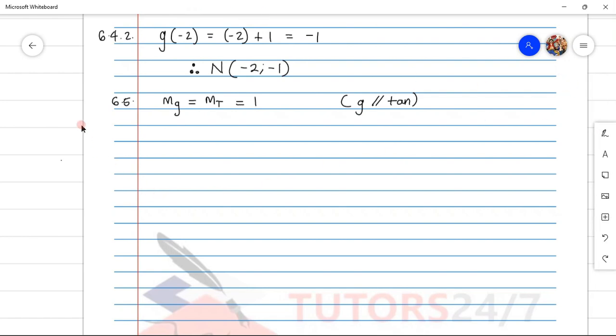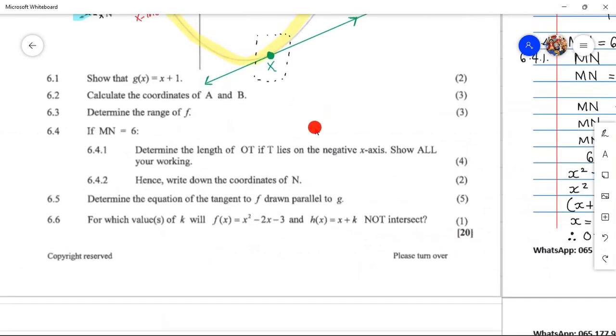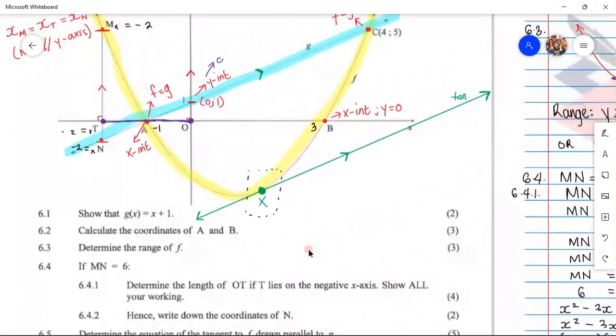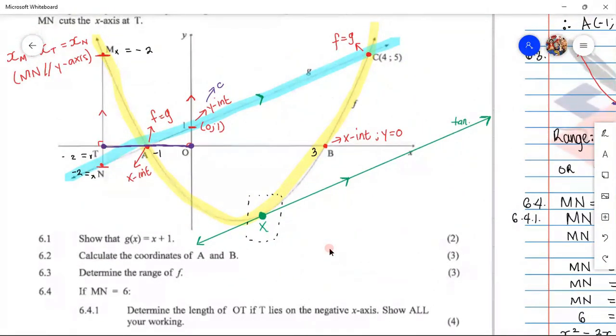So let's go back to our graph and see how can we find the equation of our tangent. So we have our gradient, we need a coordinate. So we can find the coordinate of the point of intersection between our function f and our tangent. Now, a way we can do this is we can use the method of finding gradient from calculus and then substitute our gradient and solve for x.